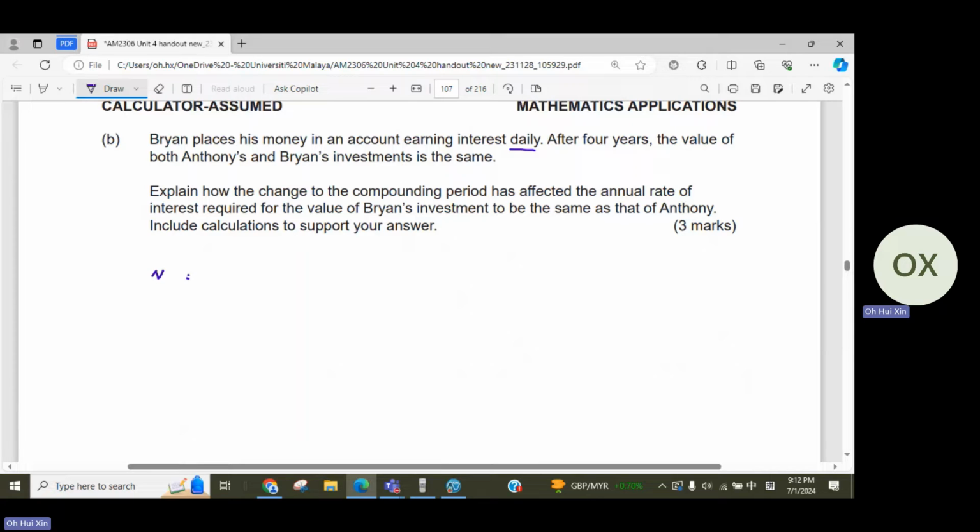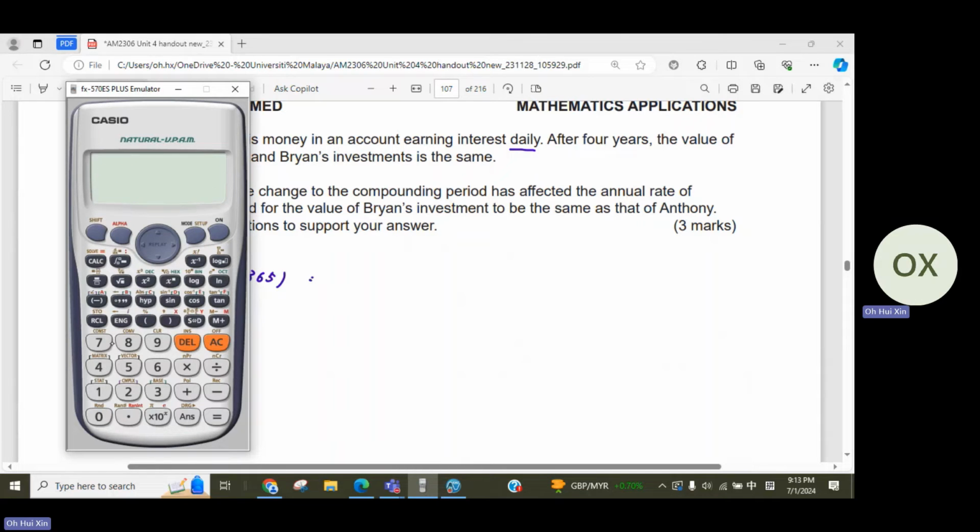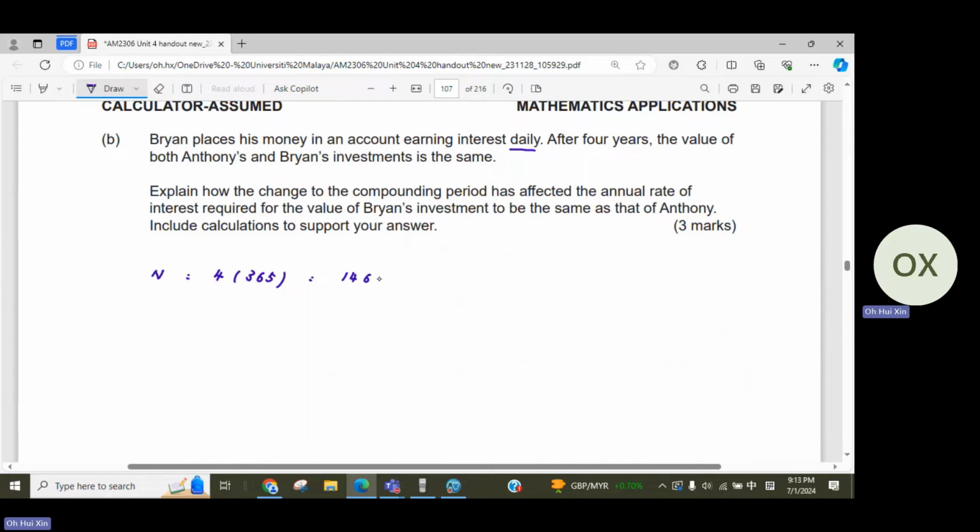So the N here will just follow the number of times interest is compounded. This is earning interest daily for 4 years, so 4 multiplied by 365. You can get the value straight away from your calculator.